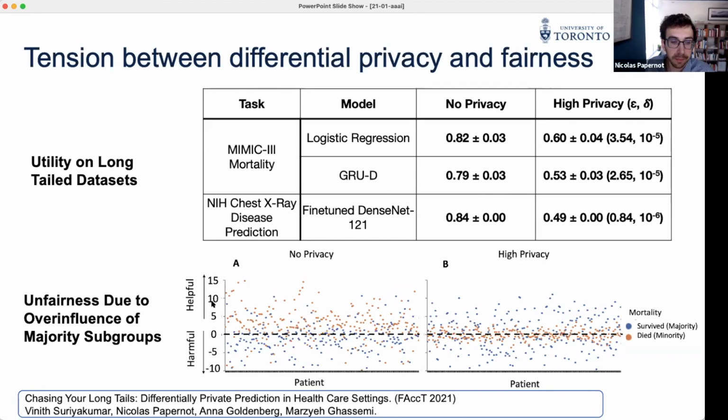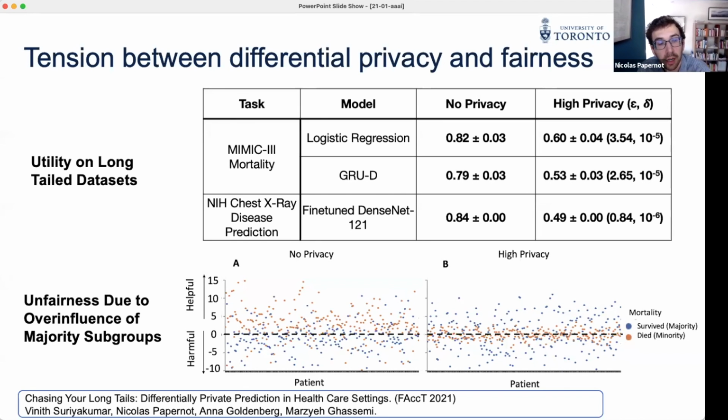And in particular, he found that when learning with privacy, we are significantly giving more influence from the majority of the patients, so patients that are in the majority class, on the model that we're learning. Whereas if we hadn't learned with privacy, patients that are in the minority would have had more influence on the model that we learned.